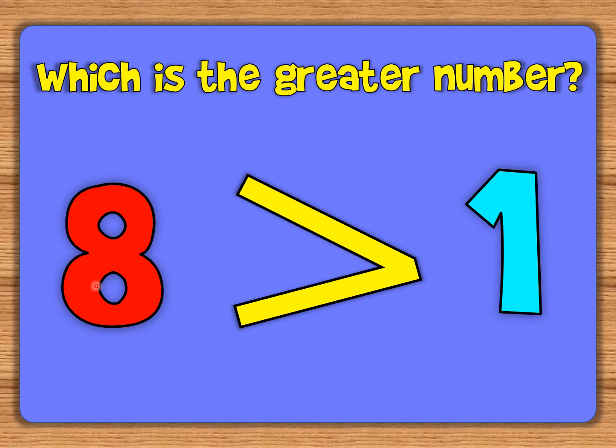Let's read it from left to right. Remember, when he's facing the left, we call it greater. 8 is greater than 1. Let's do it again. 8 is greater than 1. When he's facing the left, we say greater.